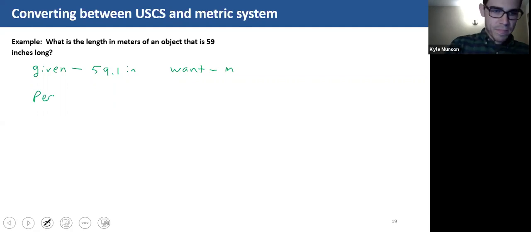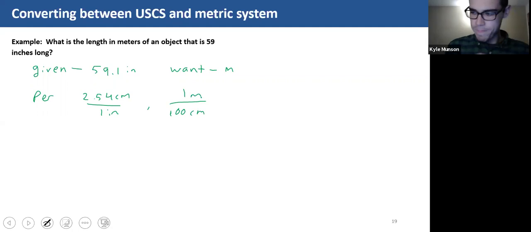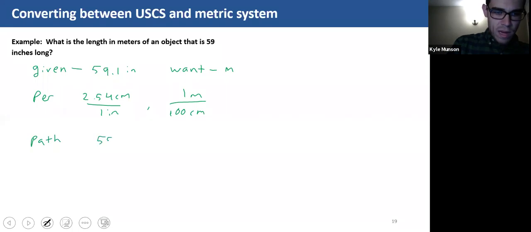Well, I know that for every 2.54 centimeters, there's 1 inch. And for every 100 centimeters, there's 1 meter. Okay, so my path is 59.1 inches to centimeters to meters.